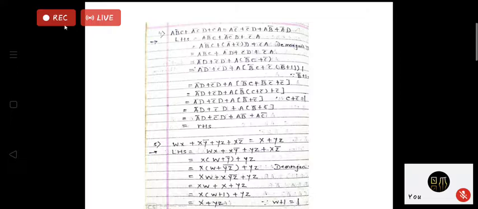So try to solve this, and then I will be coming to the chat box, and we will solve just two problems from the set which I have. If you solve those two problems, then I can be sure that you can solve any numerical on Boolean algebra, and we can conclude today's session.